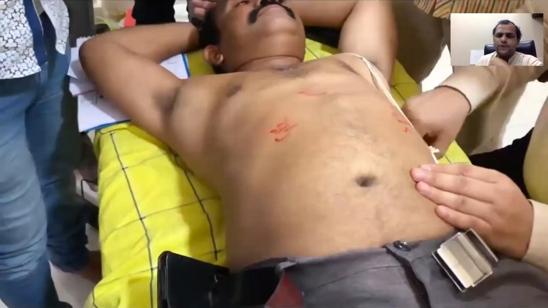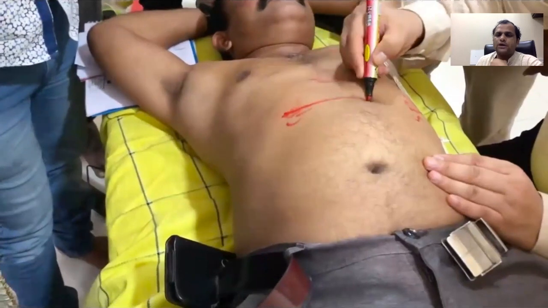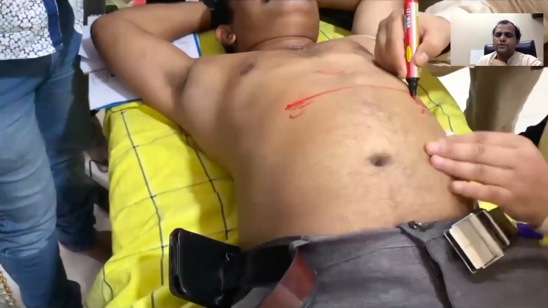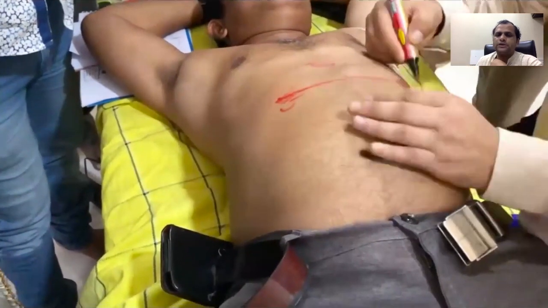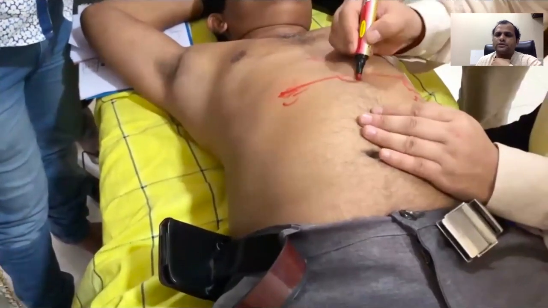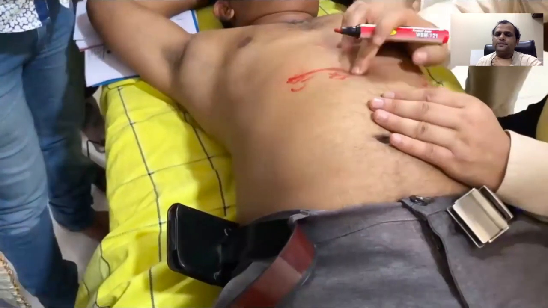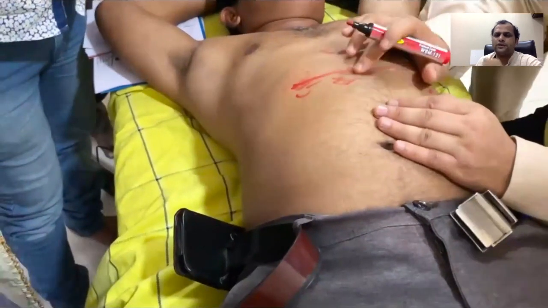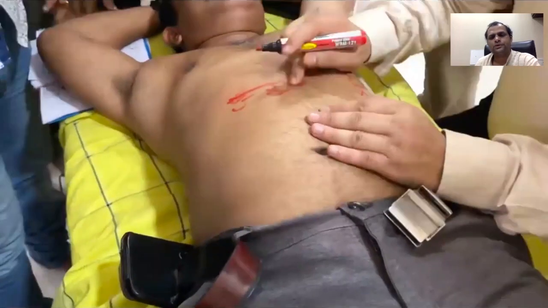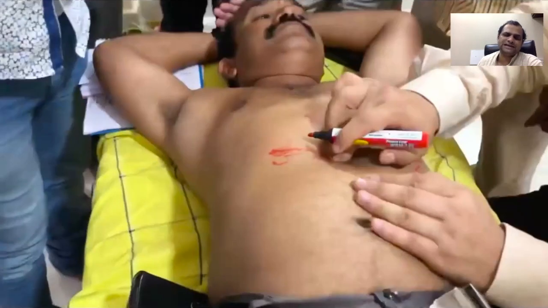So if there is pain on the left side or right side, now we are combining both the points together, gallbladder with the spleen. Now the central point, just in between, is called the point of pericardium. If we press here and this point is painful, it shows the condition of the brain as well as gas.